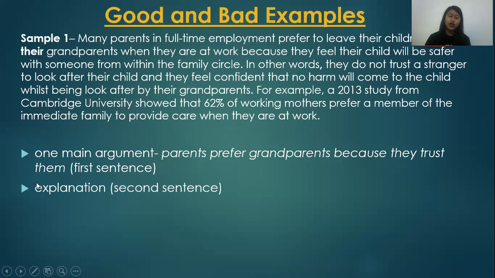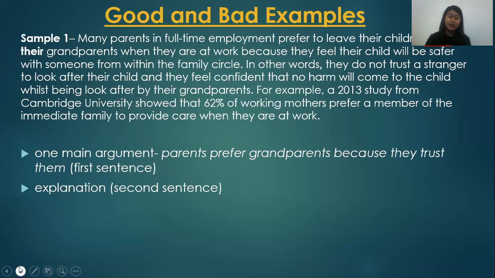This argument also has an explanation which can be found in the second sentence. In other words, they do not trust a stranger to look after their child, and they feel confident that no harm will come to the child whilst being looked after by the grandparents. A clear explanation of the first sentence, which is the main argument.